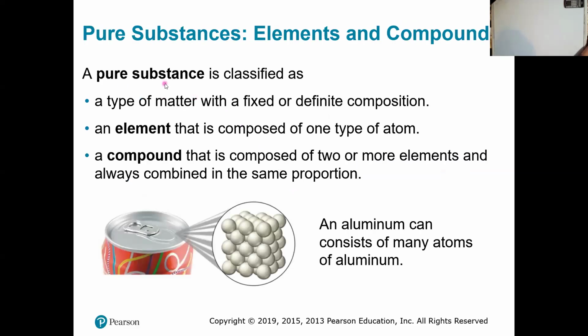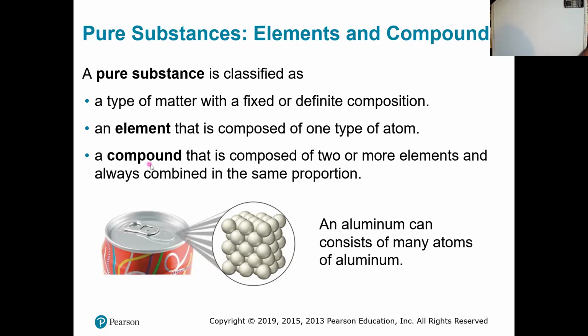Pure substances have their own categories that we can continue to break them down into. And those categories are going to depend on whether the substance you're working with has only one type of atom that makes it up. If that's true, if there's only one type of atom, the substance that you're looking at is going to be considered an element.